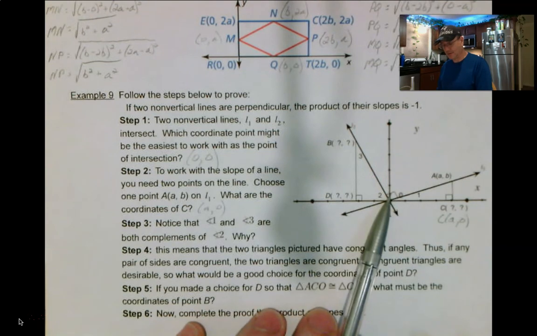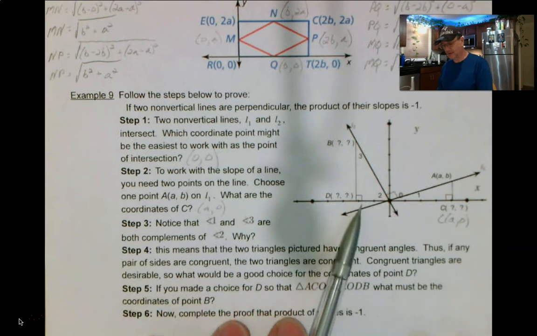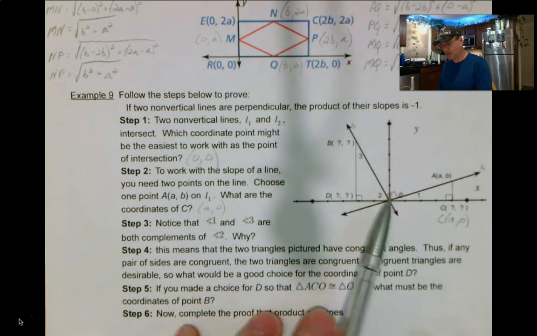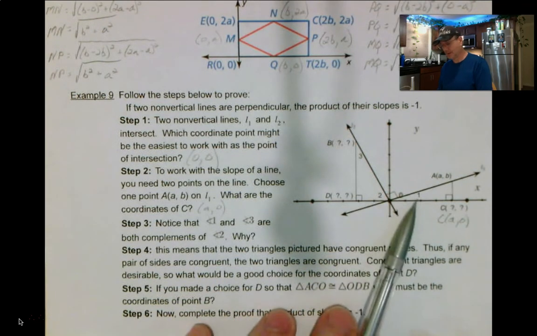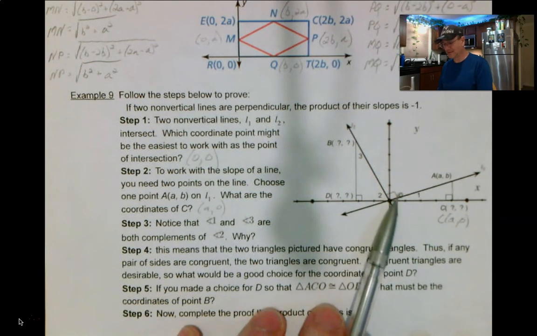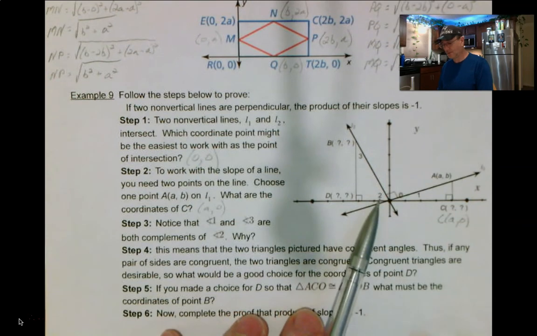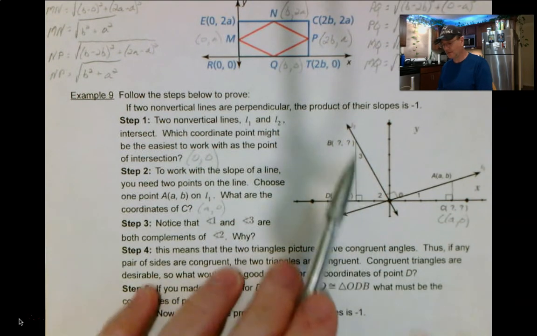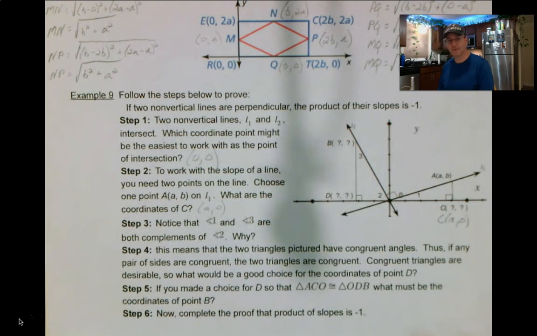So that's 90 degrees. The x-axis is going to be 180 degrees. So if this is 90, that means I have 90 left for angles 1 and angle 2 to add up to. Angle 1 and angle 2 are complementary. Because 1 plus 2 plus the 90 has to equal 180. Well, 2 and 3 are the acute angles in this right triangle. 2 and 3 have to be complementary.